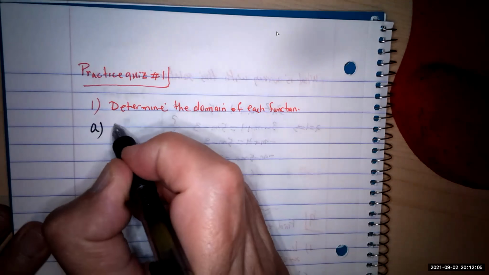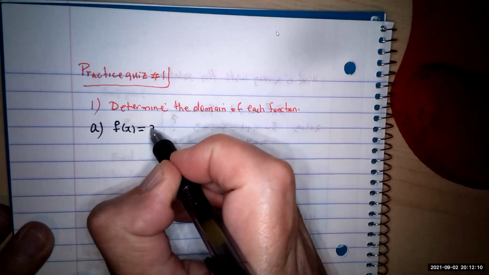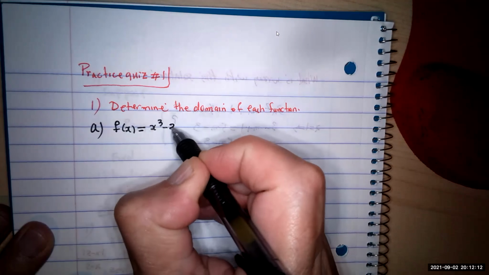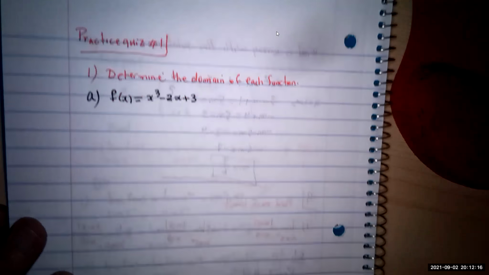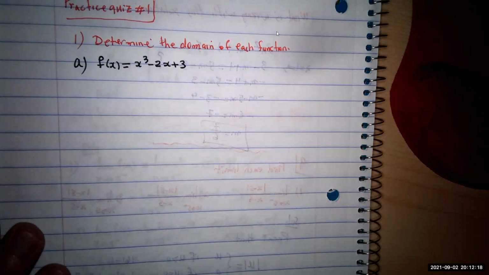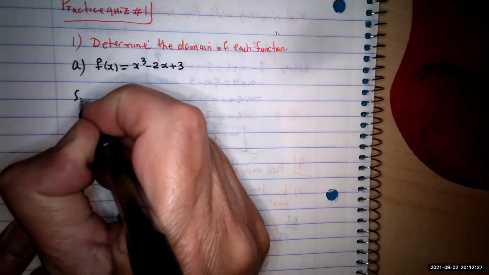Remember, the function is a mathematical machine, and x is a free agent. If there is no restriction, the domain is all real numbers. If there is a restriction, like dividing by 0 or taking the square root of a negative number, you have to take care of it. Okay, solution of the first one.